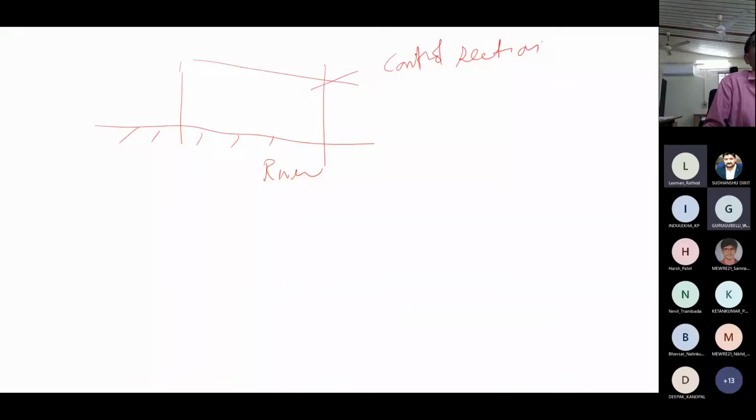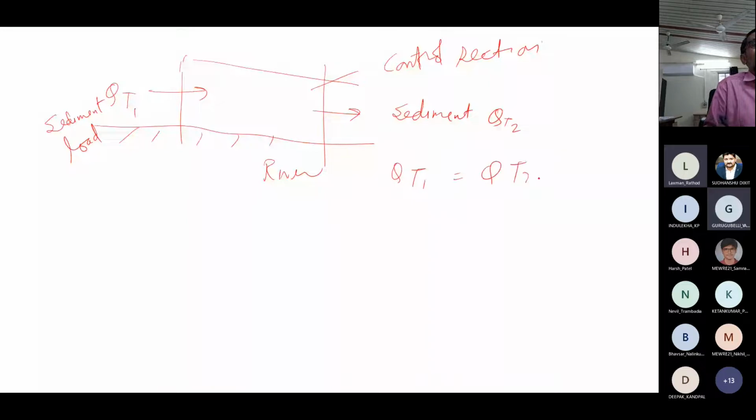My writing is not too good, please bear with me. Whatever sediment load is coming from here, QT1, and whatever sediment load is going out, QT2, these are equal for equilibrium.